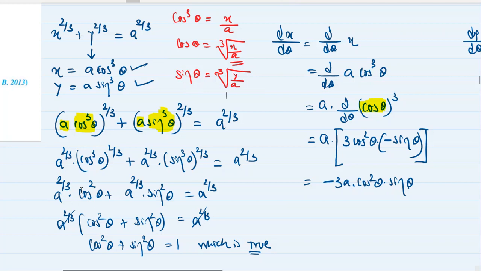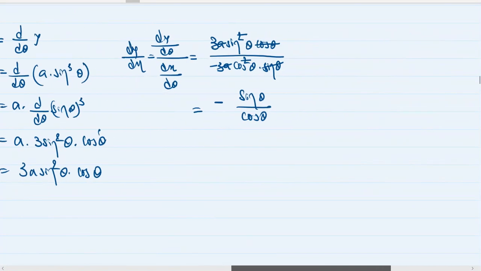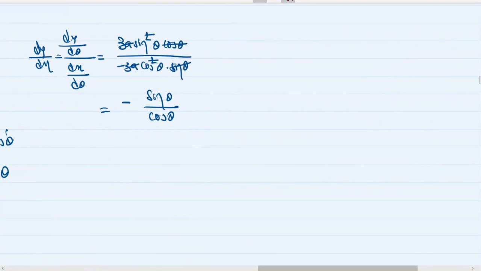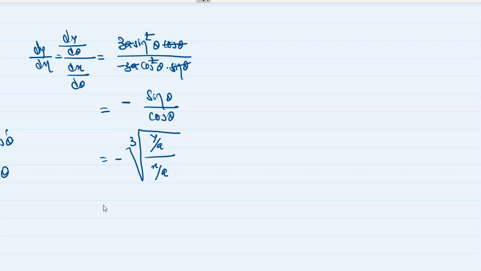Cos theta is cube root of x by a, sine theta is cube root of y by a. So this will be minus of the cube root of y by a upon x by a, which is minus of cube root of y by x.